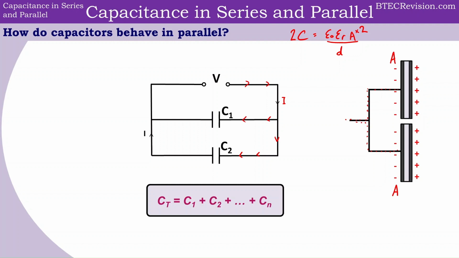For example, in this case, the total capacitance in this circuit is equal to C1 plus C2. And that's the total for the circuit here. In the case of bigger circuits, where we have more capacitors in parallel, we can just keep summing each capacitance of the capacitors until we reach the last capacitor.